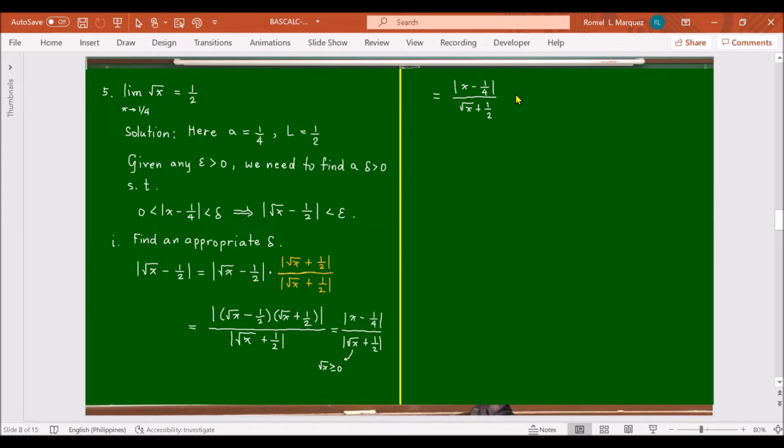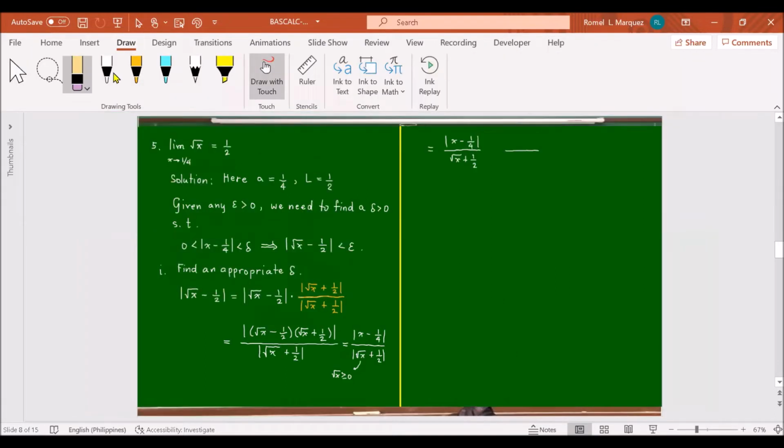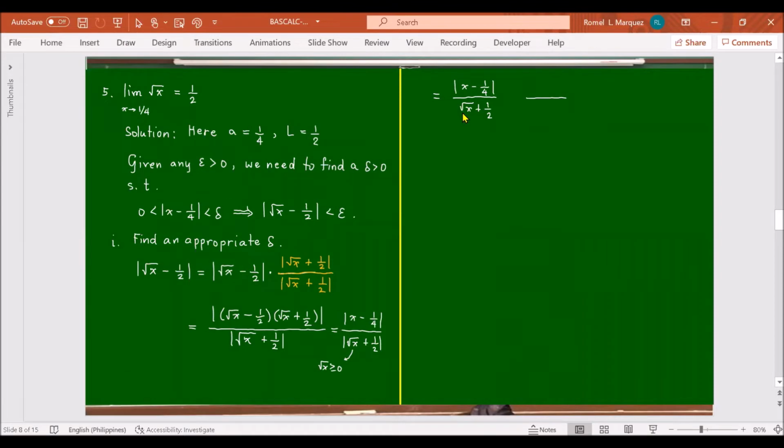So if I'm going to drop the denominator, this part in the denominator, I mean, this square root. If you drop this square root of x, the denominator gets smaller.